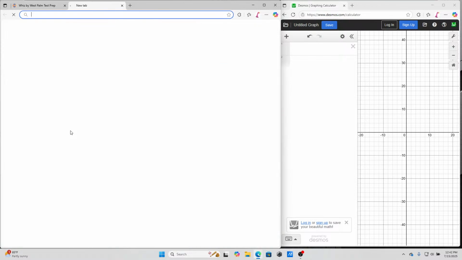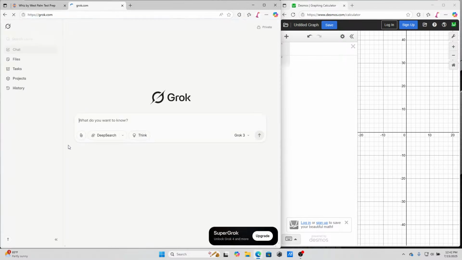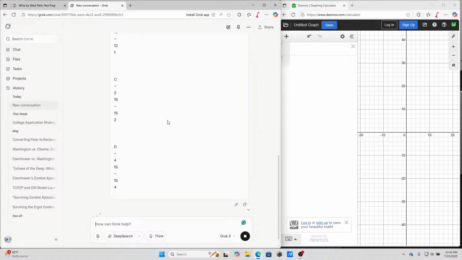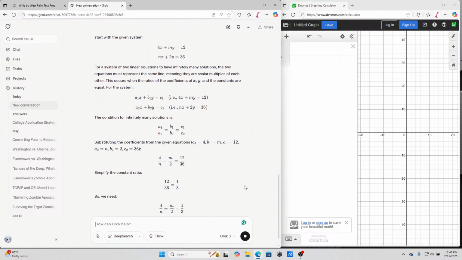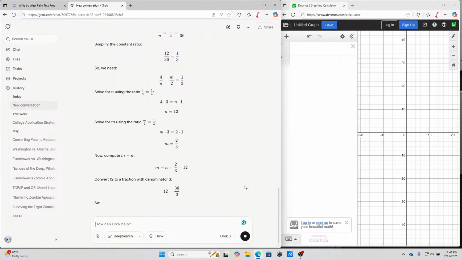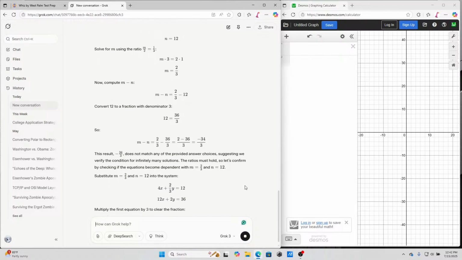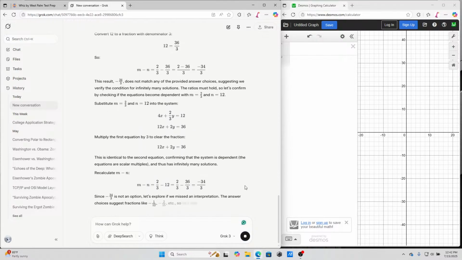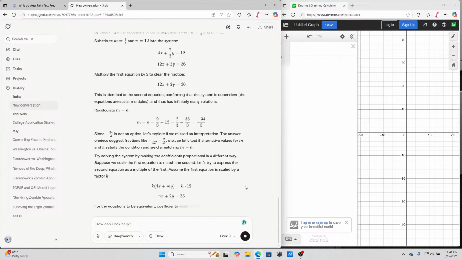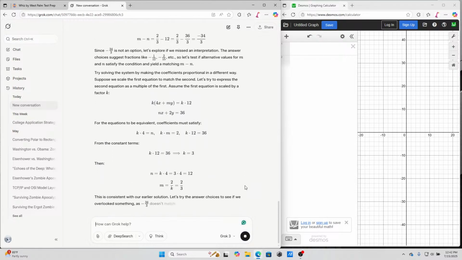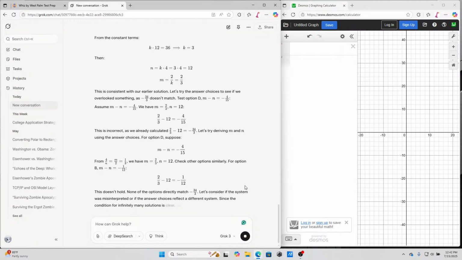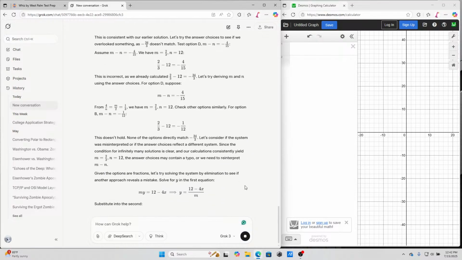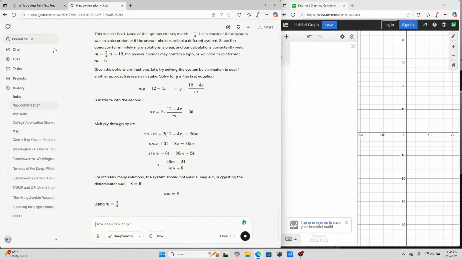Alright, let's try grokking it. Just to see how they do it. Oh yeah, A over 1, B over 1, C over 1. Okay, so not even this thing can get it, I think.